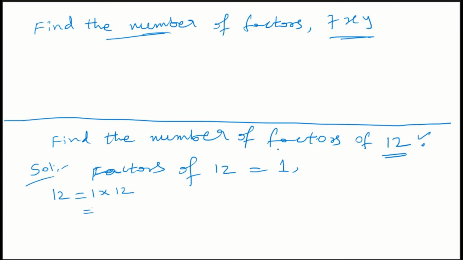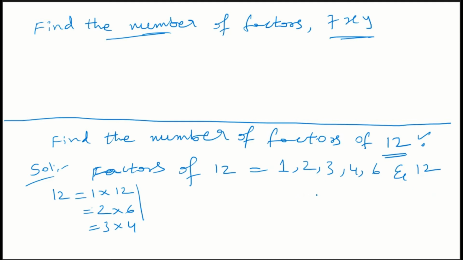The other word for factor is a divisor. So how many exact divisors are there for 12? So 1 is a factor, 2 is a factor, 3 is a factor, 4 is a factor, 6 is a factor, and 12 is a factor.